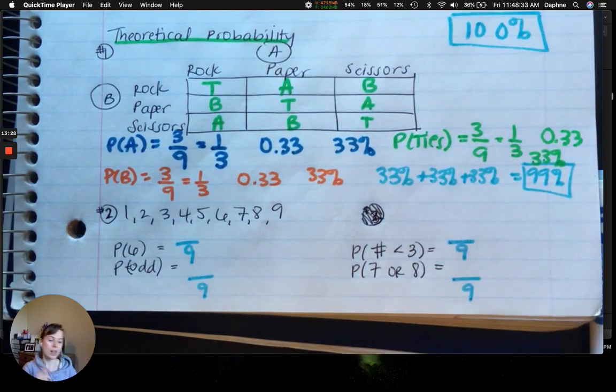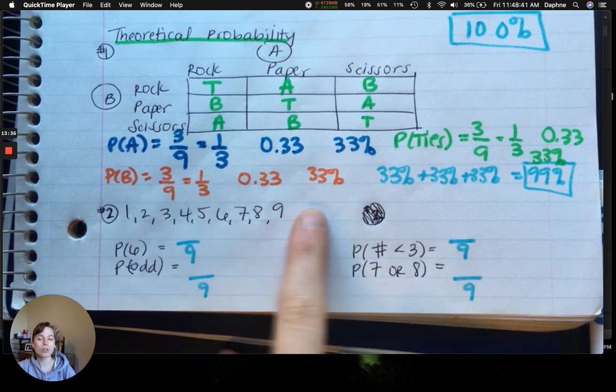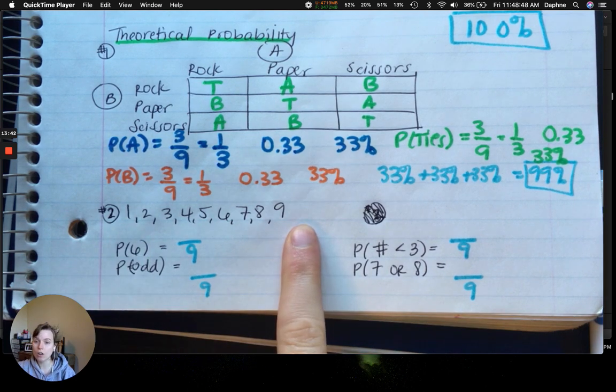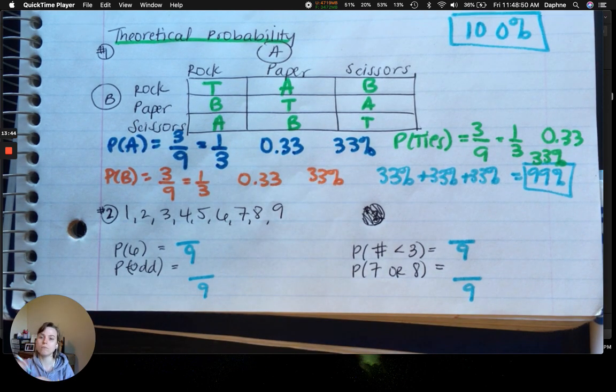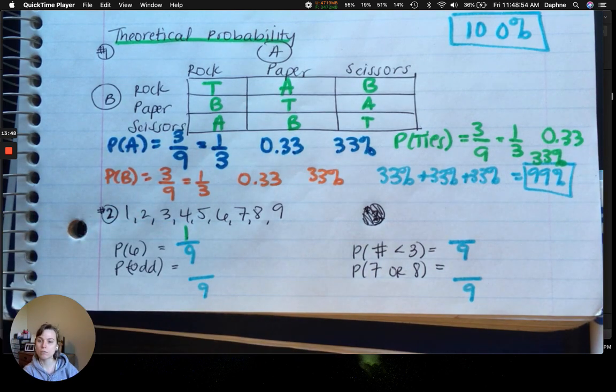Dividing by 9. Because that's the total. Now I want to look at the probability of choosing a 6. If these numbers were scrambled up in a hat, you pull one out randomly, how many of those possibilities are the number 6? 1. So 1/9 is our fraction.